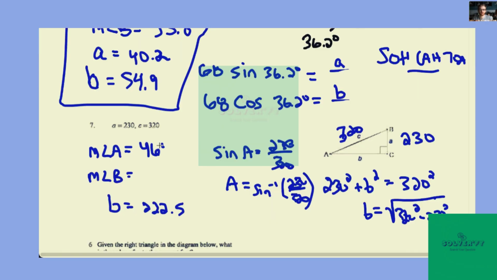And then it's in a right triangle, so angle B has to be complementary with it, and that would have to be 44 degrees. Now the triangle is solved.